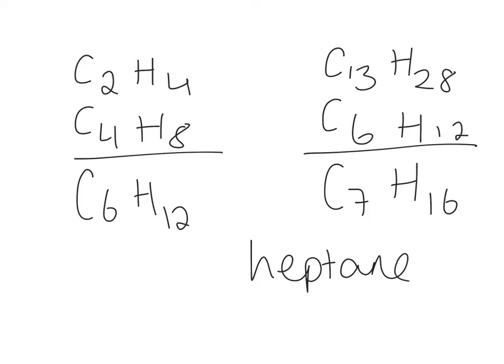All single bonds, hept for 7 carbons. So I've literally added together and then I've taken them away. Heptane is one of our reference hydrocarbons, we should know heptane. Heptane is an example of a poor fuel and it has an octane number of 0. The other reference hydrocarbon that we need to remember is 2,2,4 trimethylpentane.